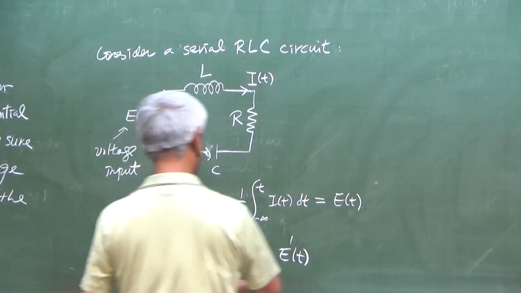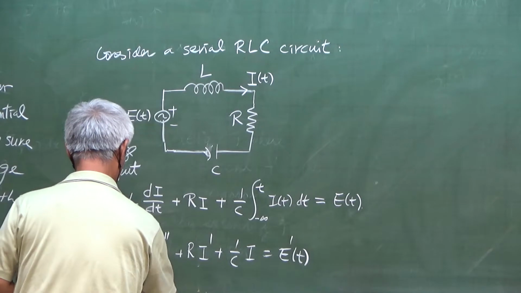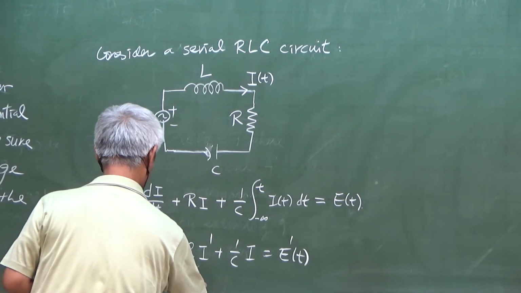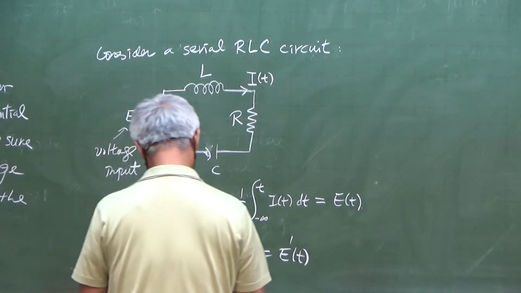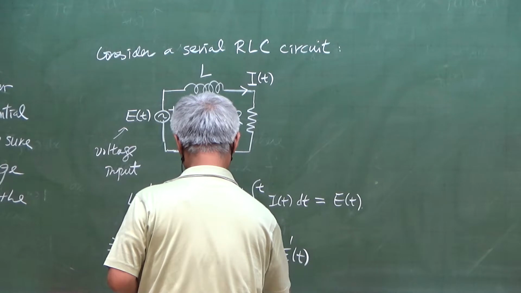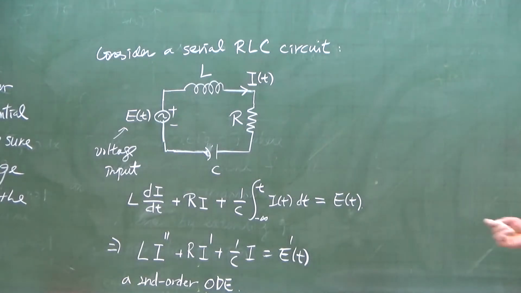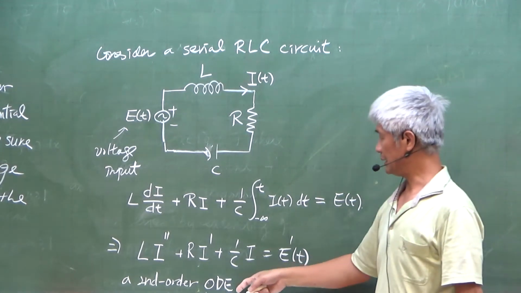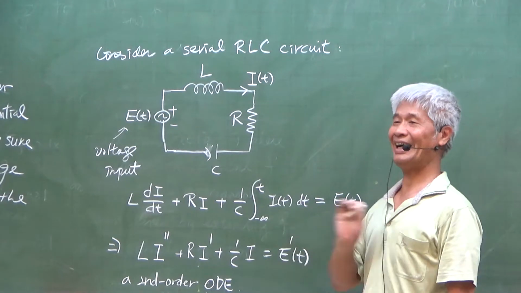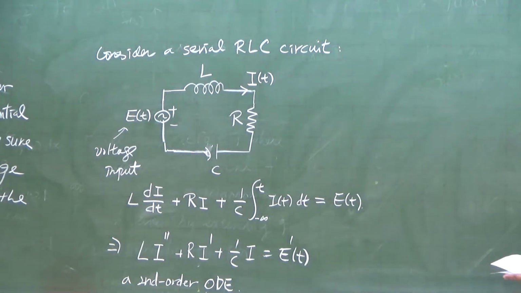So this is a second order ODE, ordinary differential equation. And I assume that you have already taken the course on ODE last semester. So now I can just write down something.